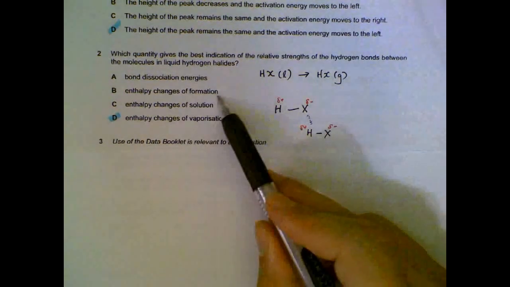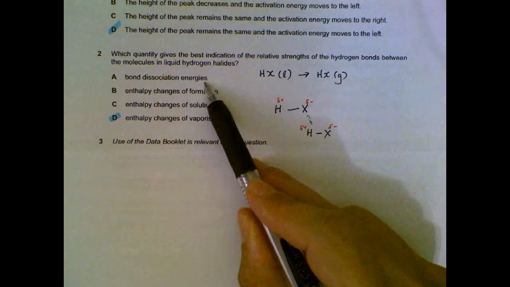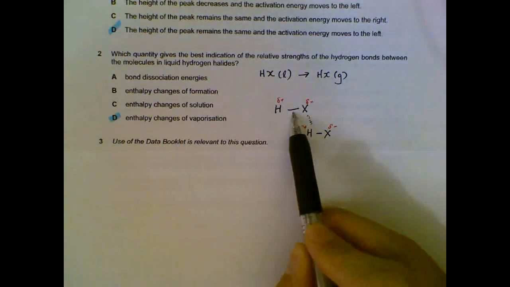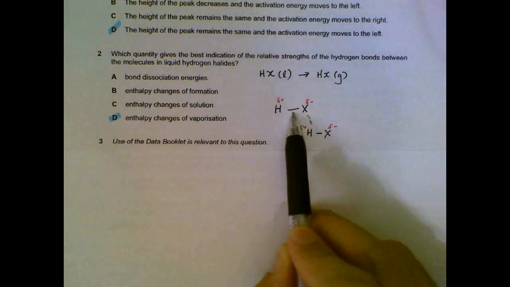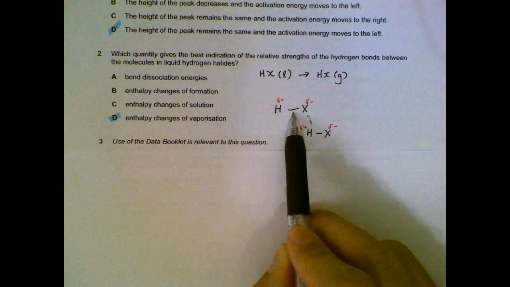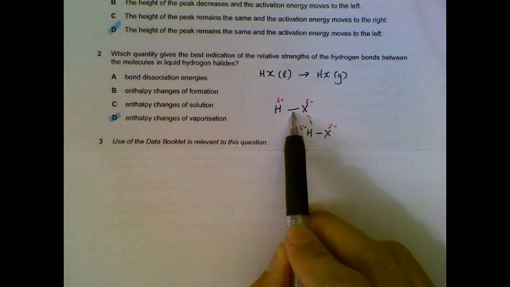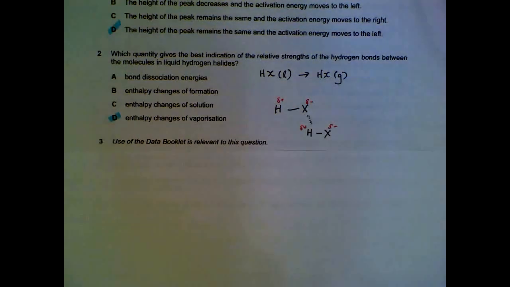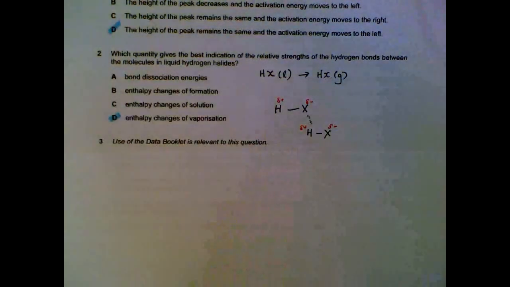Bond dissociation energy, if you consider A, is actually talking about the strength of the HX bond within the molecule. We are not breaking this, or this is not the hydrogen bonds. So we are breaking the hydrogen bonds. It will be the vaporization enthalpy change.